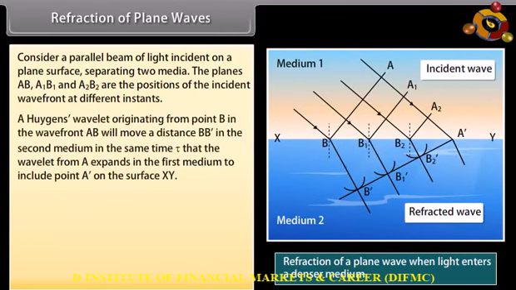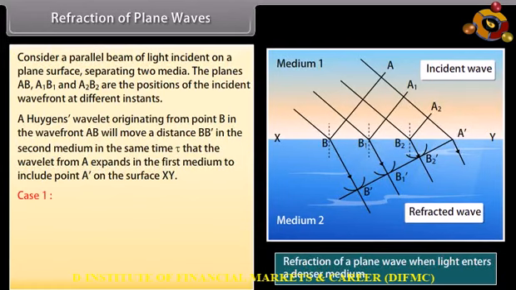A Huygens wavelet originating from point B in the wavefront AB will move a distance B in the second medium in the same time that the wavelet from A expands in the first medium to include point A on the surface xy. Since the two wavelets have radii A and B are not in the same medium, they move with different speeds, say V1 and V2 respectively.